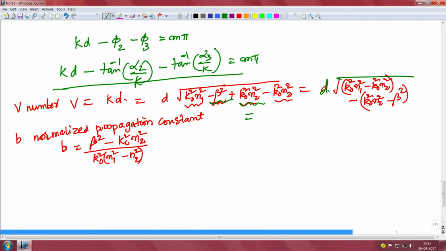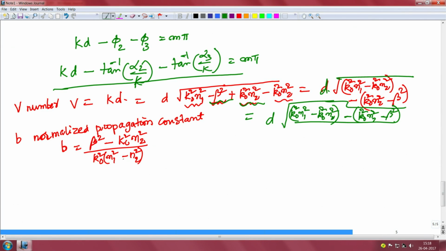Let me divide with this term and multiply d into the square root of k0 square n1 square minus k0 square n2 square as one term minus k0 square n2 square minus beta square.